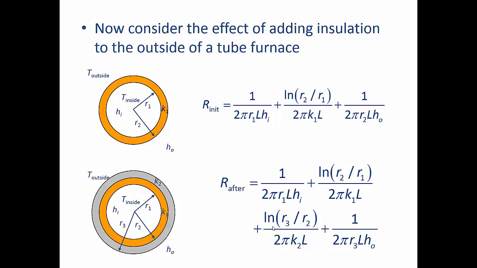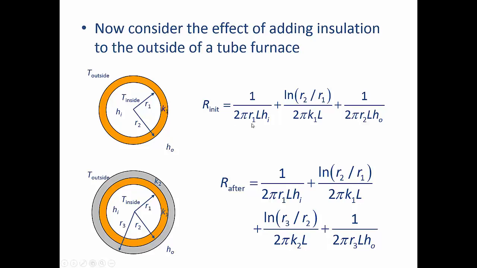Now this leads to some subtle effects. If we now consider the case of a tube furnace, where we have initially a system that has convection inside and out. Convection inside is convective heat transfer coefficient of HI, an interior temperature T inside, and a convective heat transfer coefficient of HO outside and a corresponding temperature T outside.